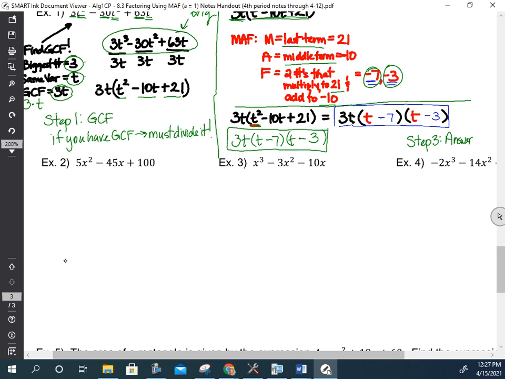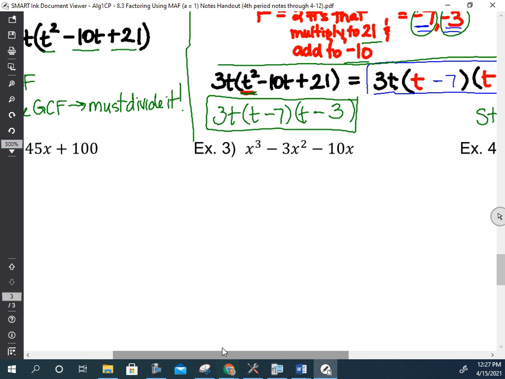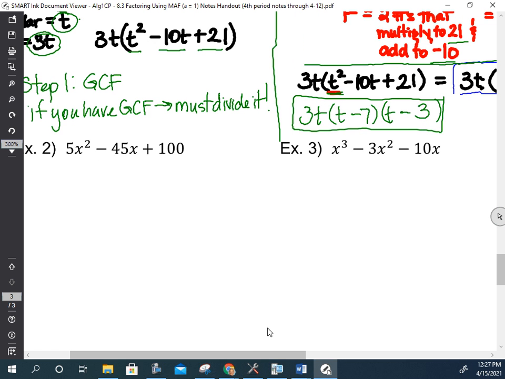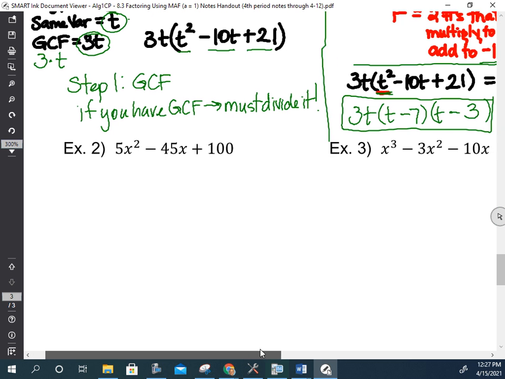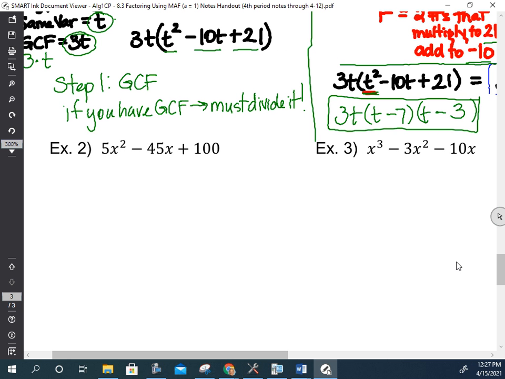So let's do example 2. 5x squared minus 45x plus 100. The first thing we do is the greatest common factor. So 5, 45, 100. What can I take out of all three numbers? 5.